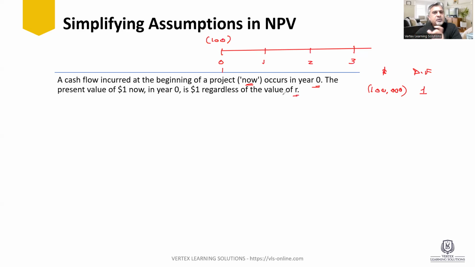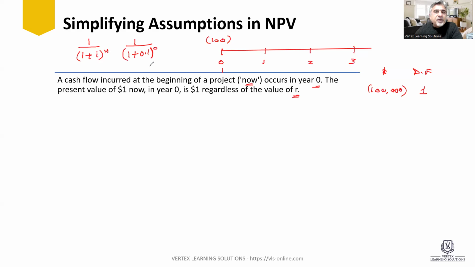Because when you look at the formula for discount factor, which we already discussed before, it is 1 over (1 plus i) to the power n. Let's suppose your discount rate, your WACC, is 10%, you call it 0.1, and then the power n is 0.